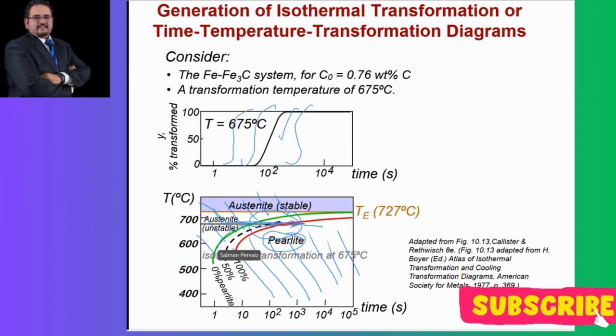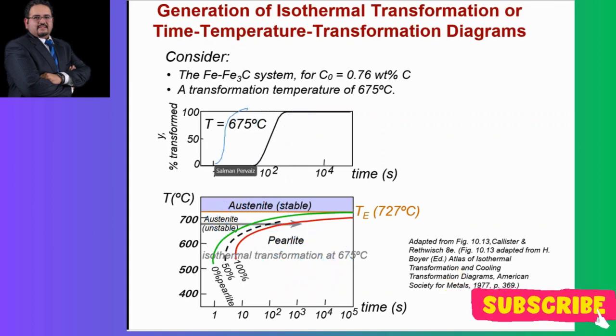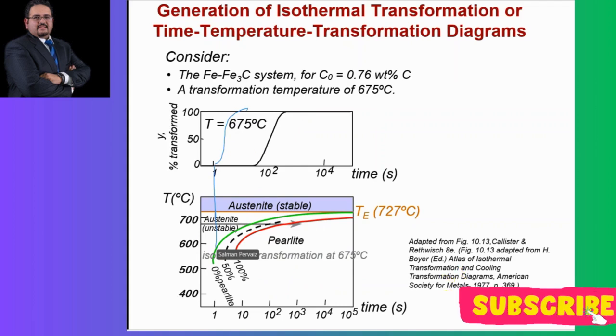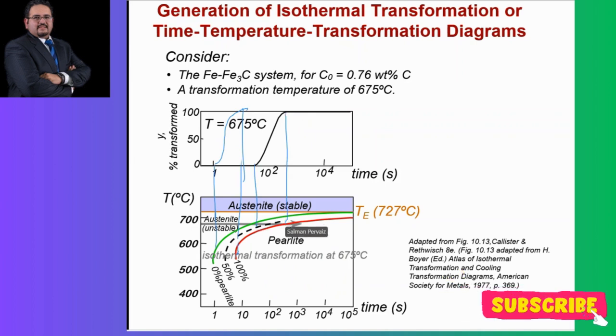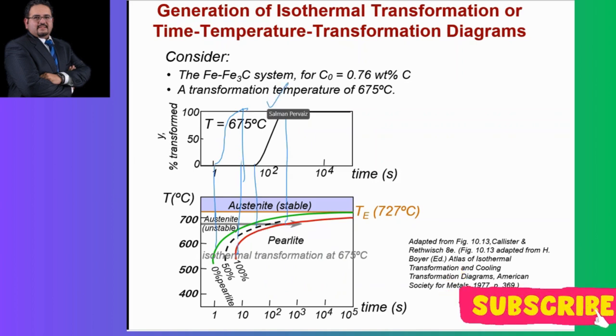That's why the diagram is moving. If you want to study something here, it will come like this. If you want to study something here, it will come here. With respect to time, the curve has been adjusted. So it depends on which region you are studying. You need to cross this boundary. Here it will be gamma on this side, and it has to go to this side to become pearlite.